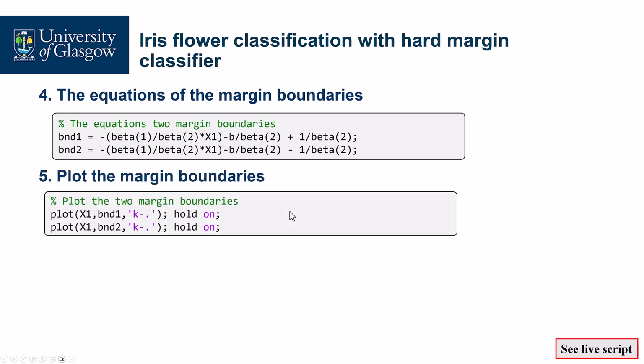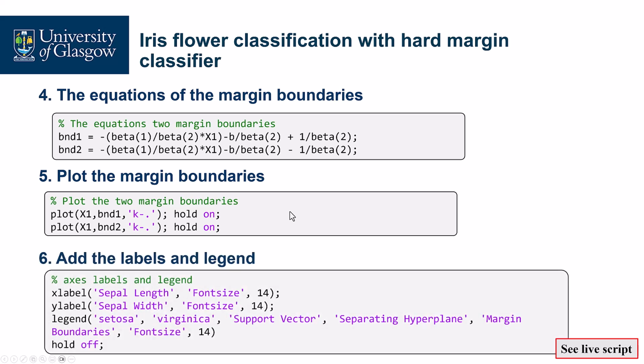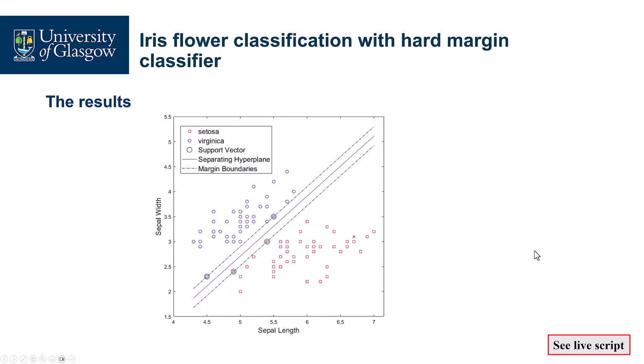Then we can plot them. Then we can add the labels and legend. After all these steps, you can try it yourself, and we see the result is like this. So these are the 2 classes of data, and we see the support vectors, the hyperplane, and the 2 margin boundaries.